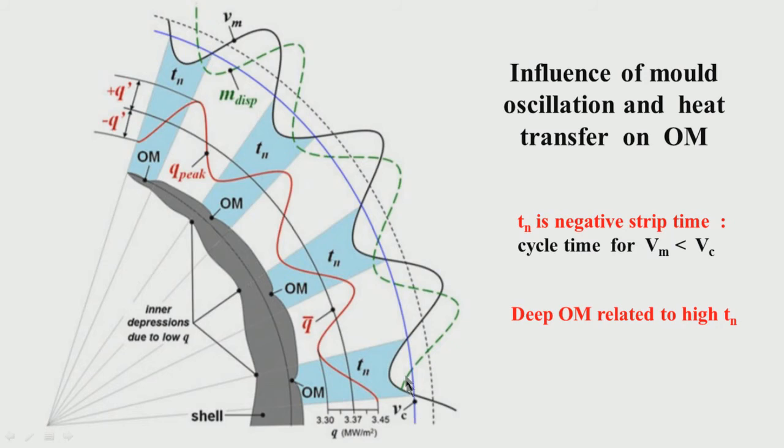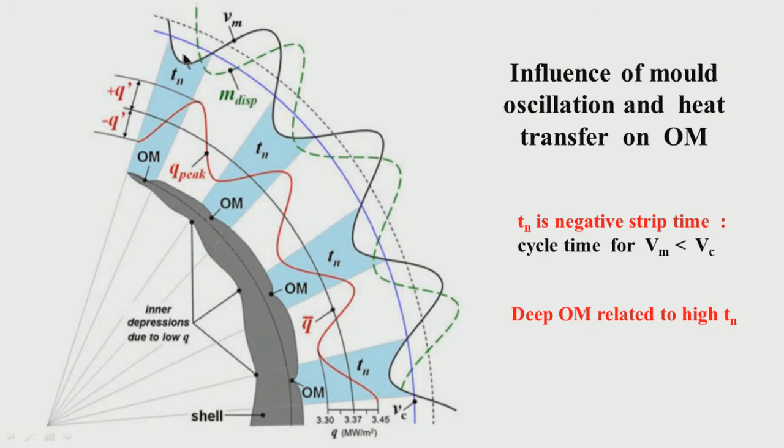You see, Vc is the casting speed, that means the strand, the liquid, the shell, everything is coming down. So, this is fixed. This is the blue line.